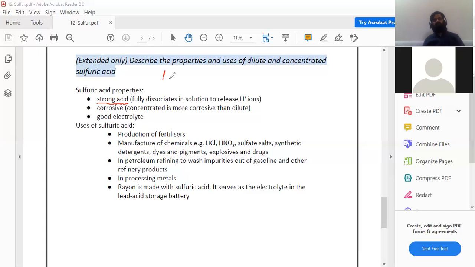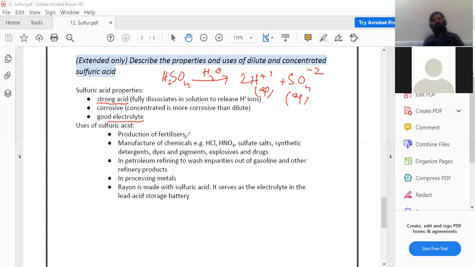For example, H2SO4, when you are adding it in water, it will change into all the protons with the formation of sulfate. So this release of protons shows that sulfuric acid is acidic and it is a strong acid. It's a good electrolyte used in car batteries also.